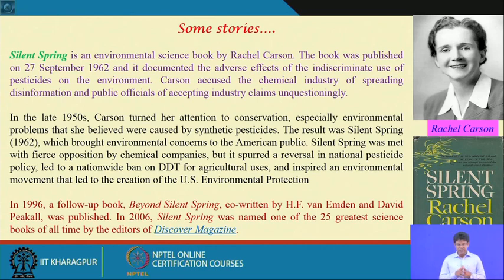So, with this I can say that the use of synthetic insecticides and pesticides should be kept as minimal as possible, and there should be more and more use of biopesticides and other methods of controlling pests and diseases, so that we can have better quality food while maintaining and improving production in a sustainable way and a good environment.